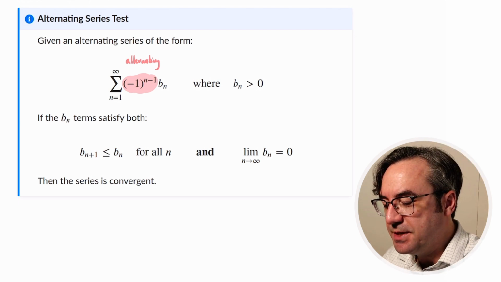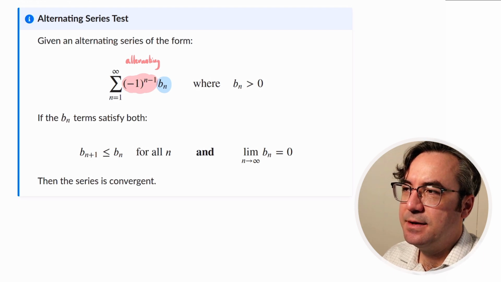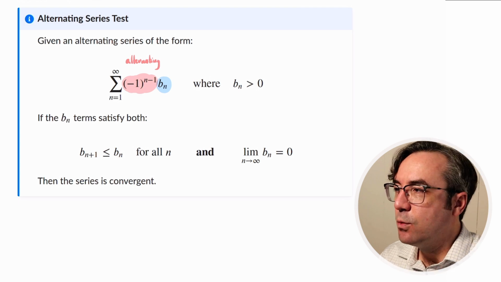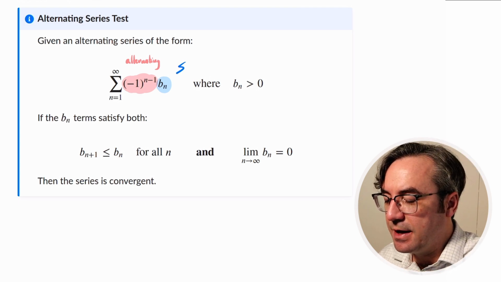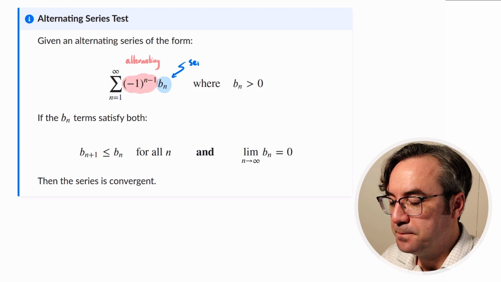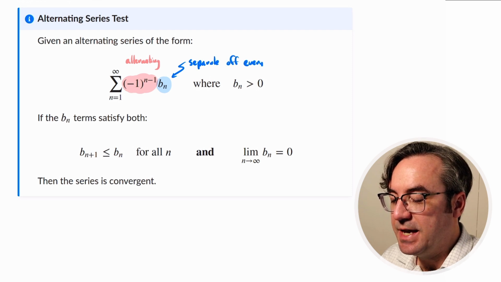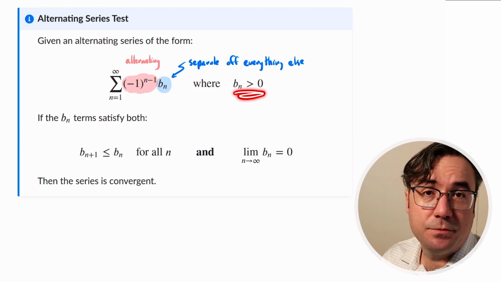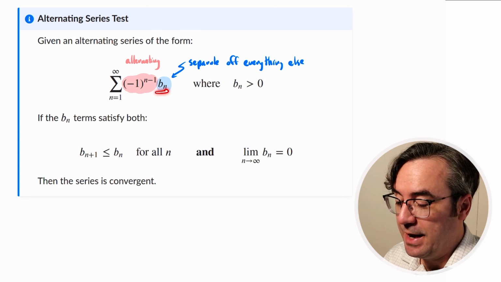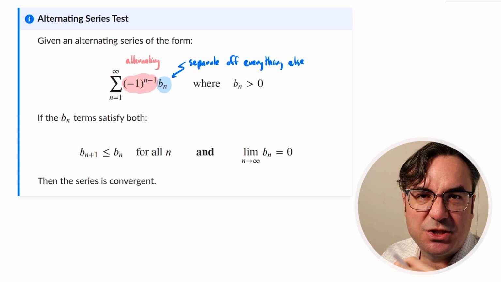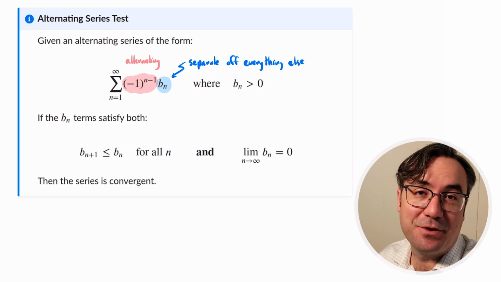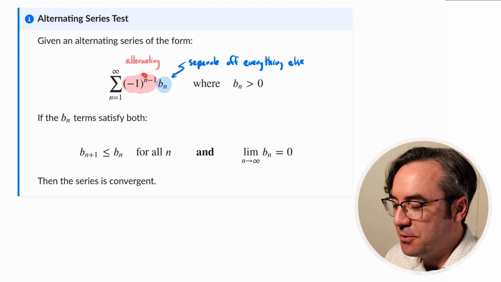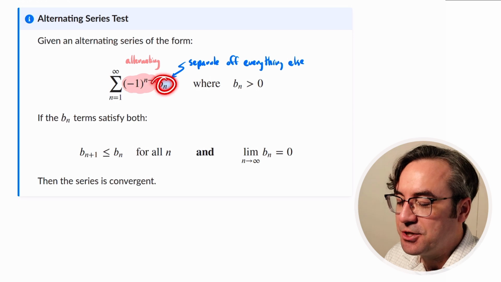The idea with this test is we're going to be investigating not so much the alternating piece, we're going to separate off everything else, and we're going to be investigating that. First of all, those other terms have to be positive. We can't have some negatives there, because then it might disrupt the alternating behavior of what looks like an alternating series. So we have our alternating piece, and then this term Bn has to be positive.